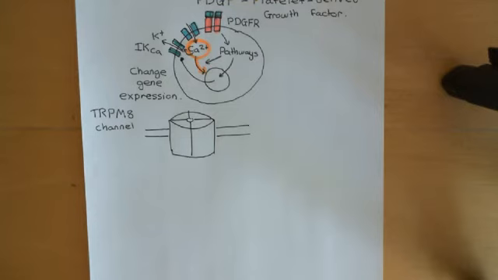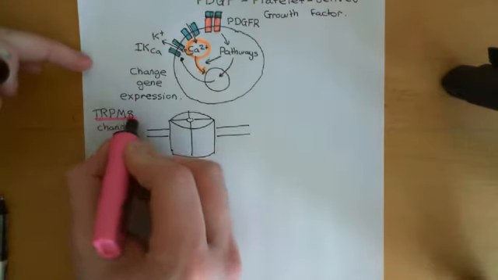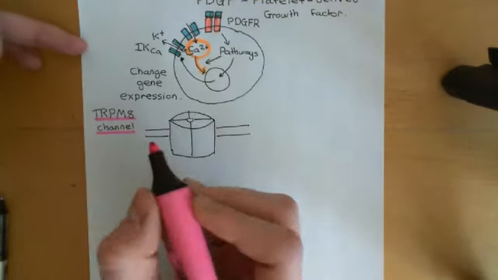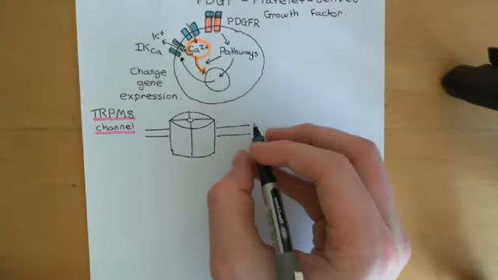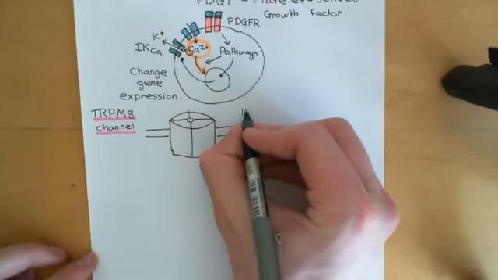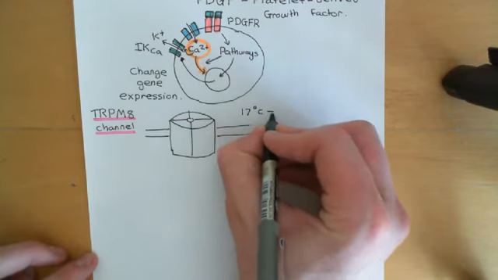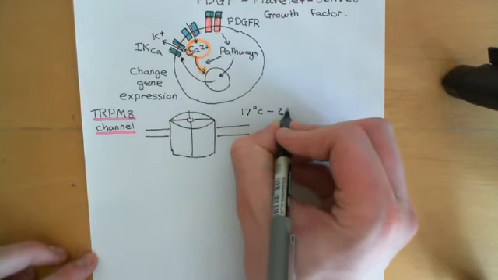TRPM8 is quite a famous channel because of its importance in detecting noxious cold in sensory neurons, so pain neurons. Indeed it responds to cold temperatures of around 17 degrees Celsius to 25 degrees Celsius.